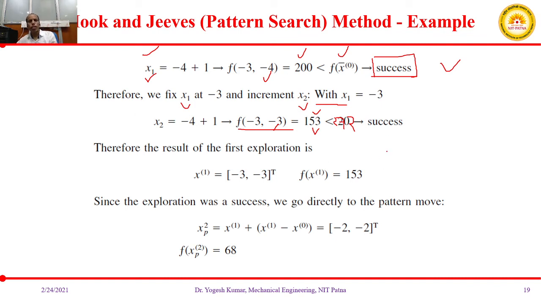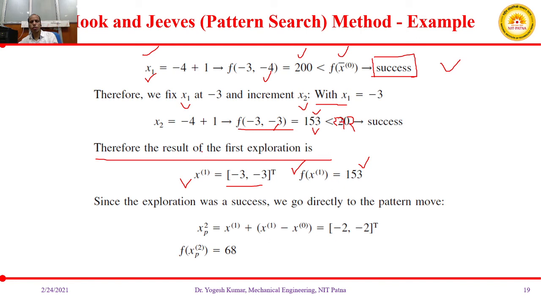And now we can say that our exploratory search for both the variables is successful. So we will have a new set of values, that is fx1, corresponding to x1 equal to -3 and x2 equal to -3, and the value of the function for these values is fx1 equal to 153.